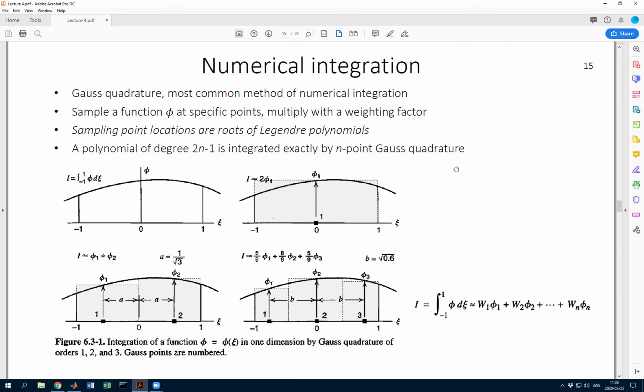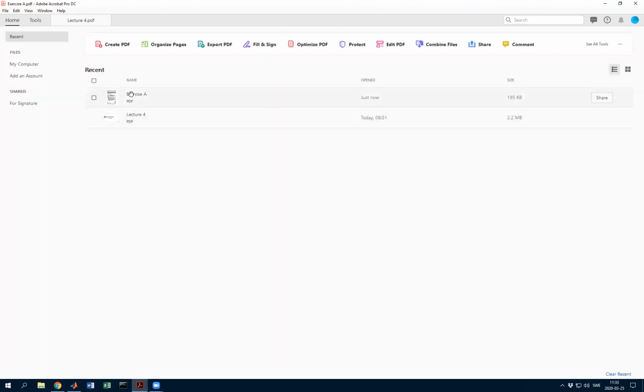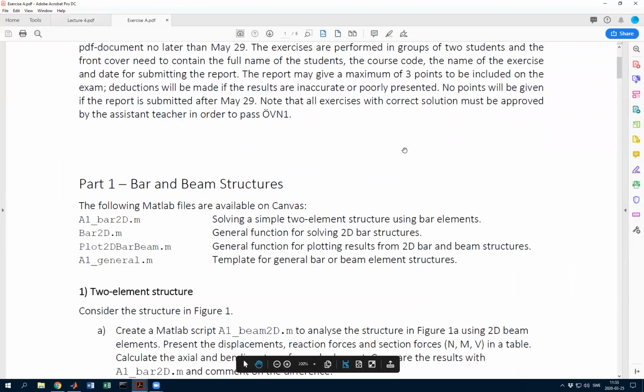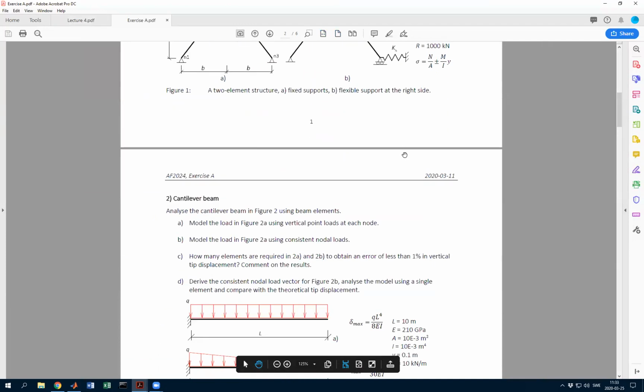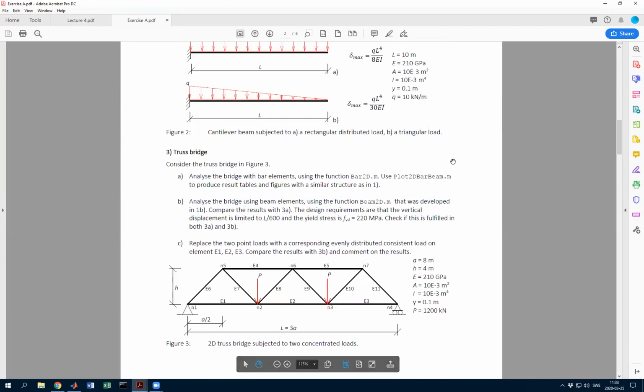Okay, any other questions? Okay, so how far should you be in exercise A for next week to follow the lecture? Let me open exercise A. It's difficult for me to know exactly how far you have gone, since we don't have the physical lecture hours.